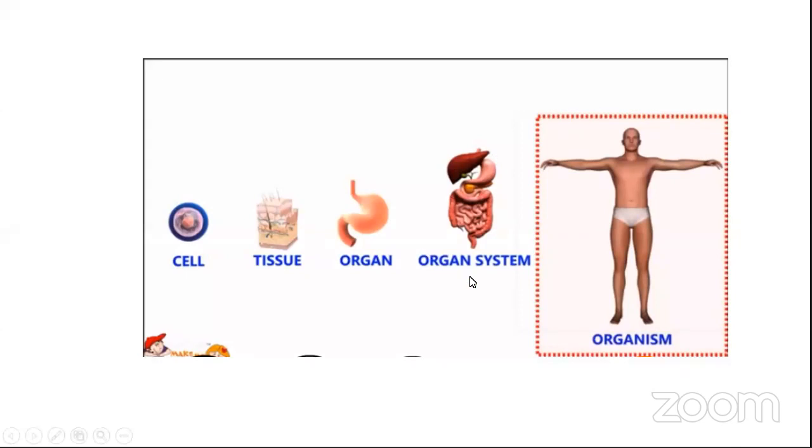These systems are made up of different organs: lungs, heart, bones, muscle, etc. These organs are made up of tissue. This tissue is made up of cells.